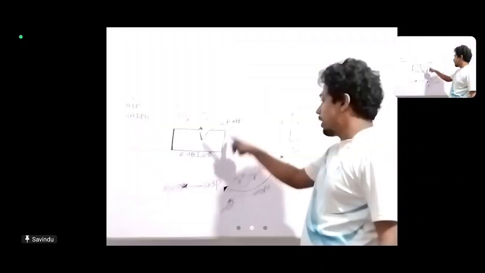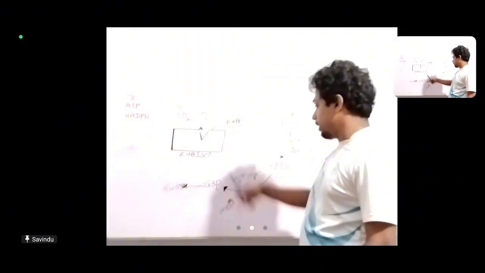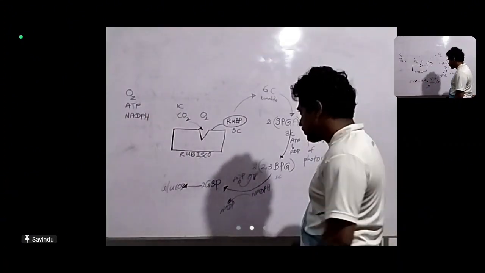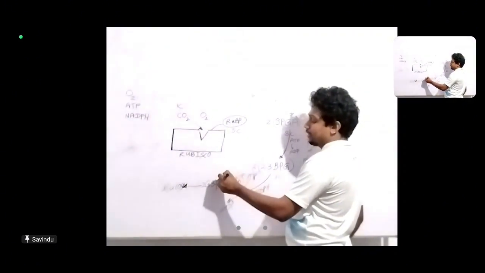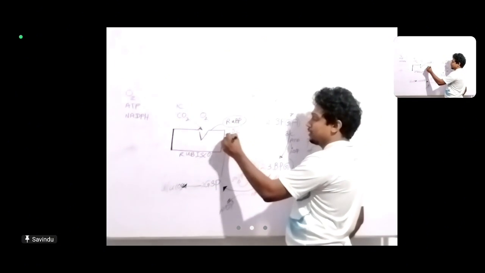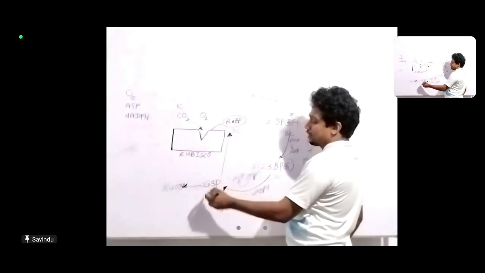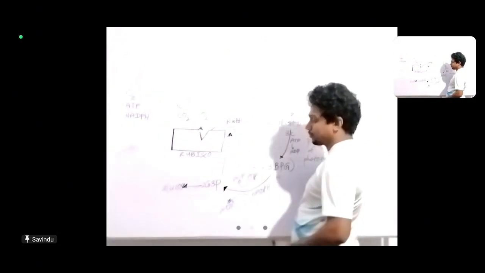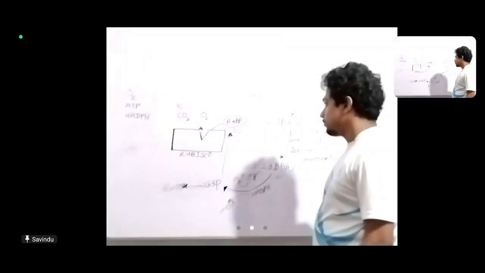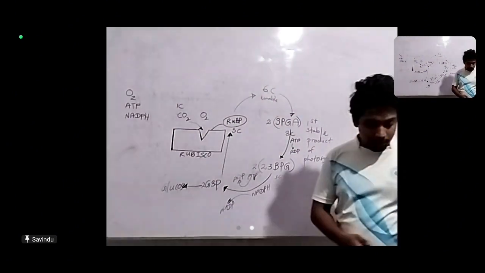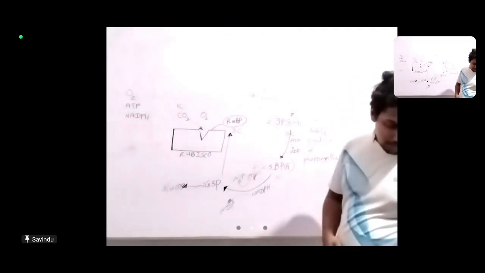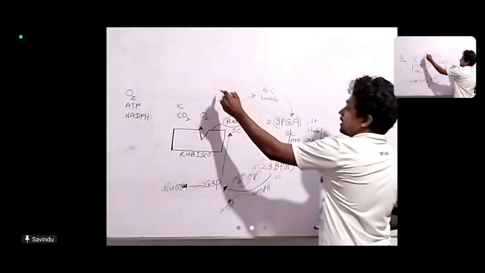So RuBP must be regenerated, and this happens by G3P. We call it RuBP regeneration. This first part is called carbon fixation.